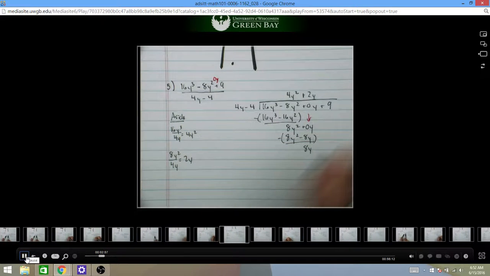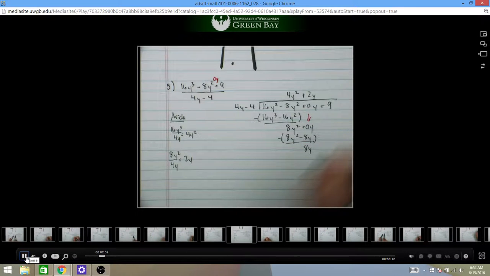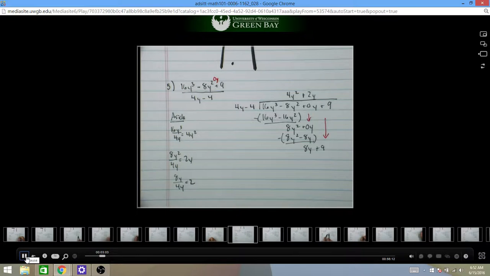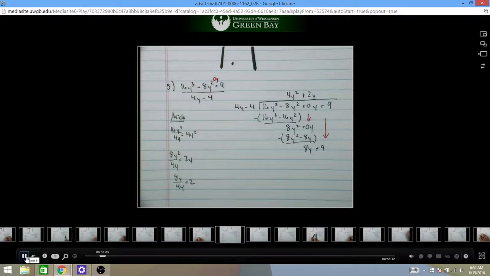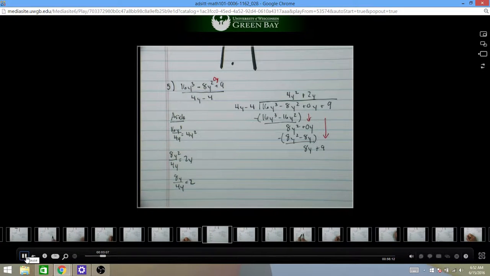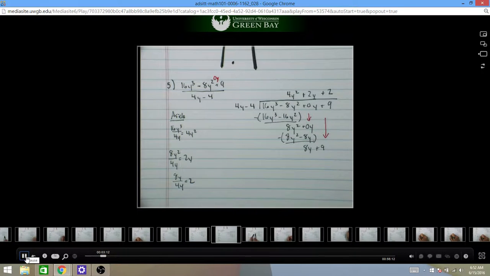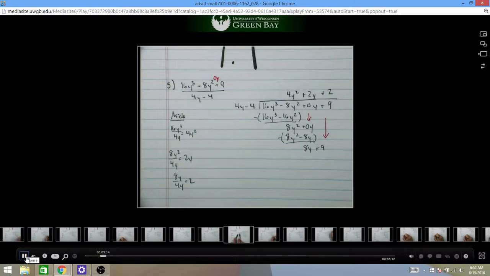So off to the side, we take 8y divided by 4y. And that's 2. 8y divided by 4y is 2. So we put plus 2. So 2 is what we're going to multiply over here by. 2 times 4y minus 4. So we get 8y minus 8.